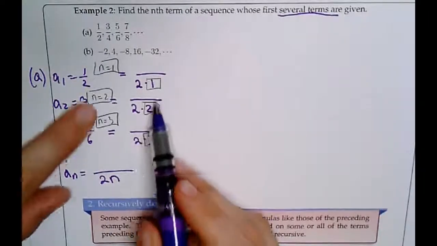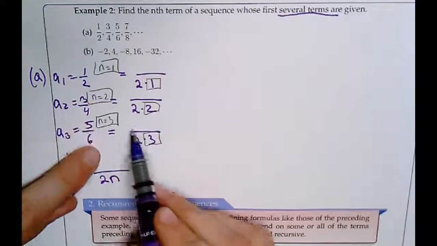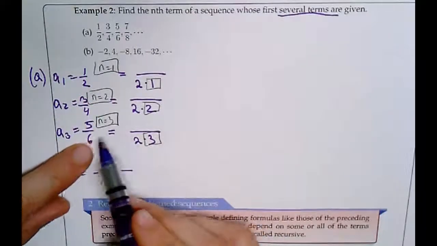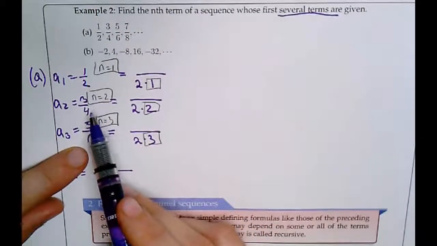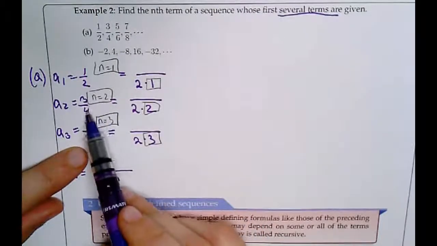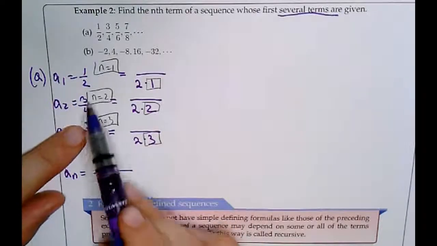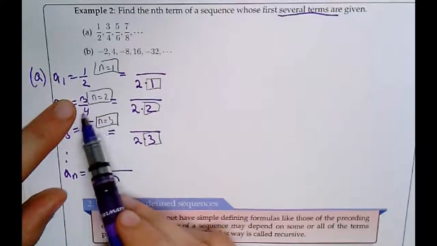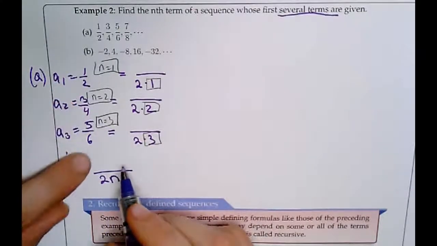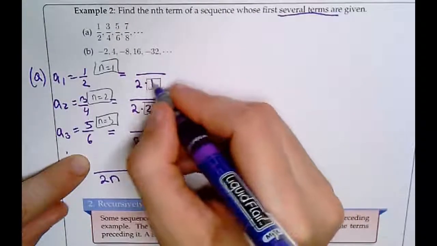Because when n equals 1, it was 2 times 1. When n equals 2, it was 2 times 2. When n equals 3, it was 2 times 3, which was 6. And now, to get the numerator, notice the difference between the denominator and the numerator. This is 4 and this is 3. This is 6 and this is 5. This is 2 and this is 1. So the numerator is 1 less than the denominator.